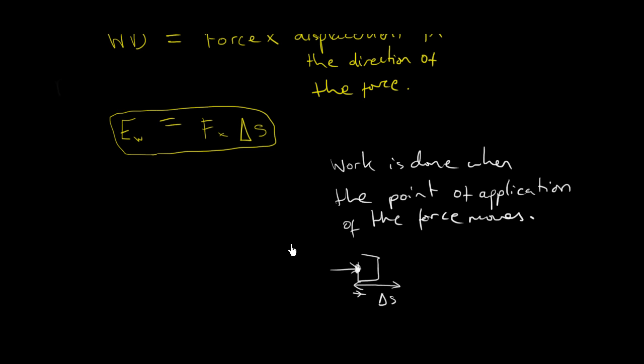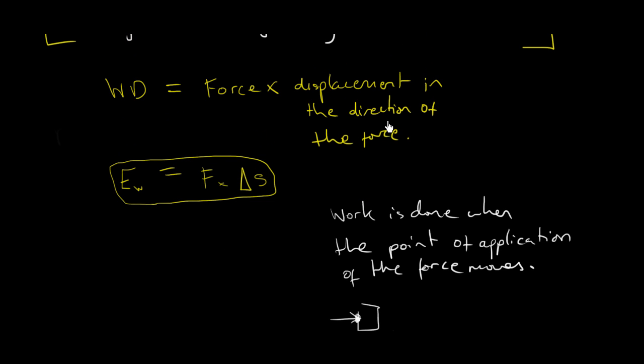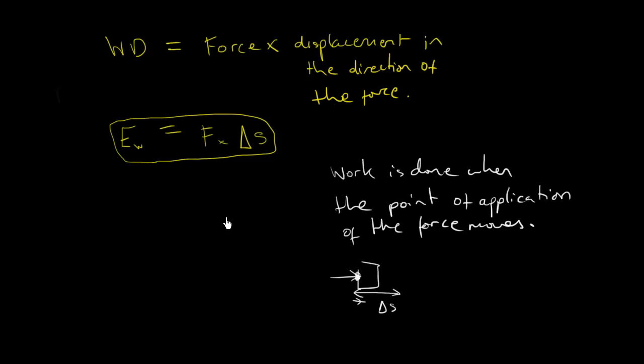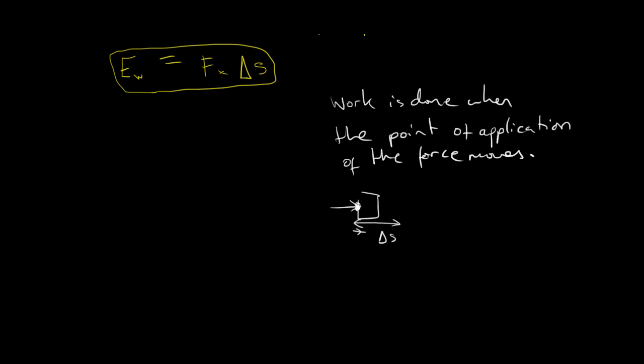Hopefully that makes sense. And what I was talking about with the direction of the force, this is what I meant really. You can have a situation where you have a block on a table, and we're going to push the block like this. All forces are always red, obviously. No, they're not, don't quote me on that, I'm just being silly.